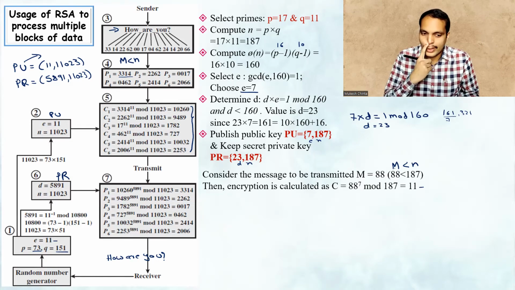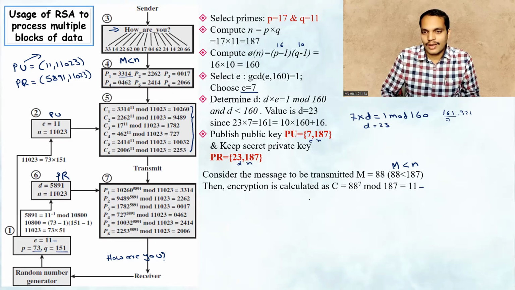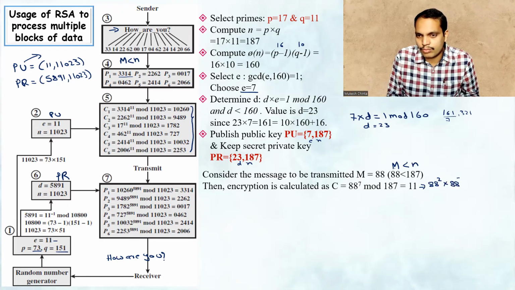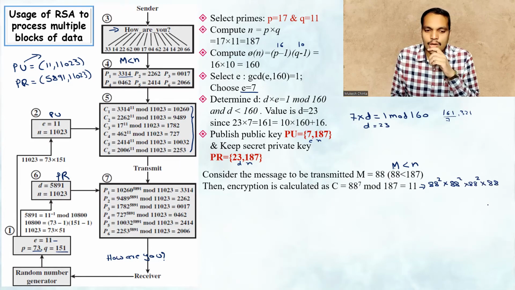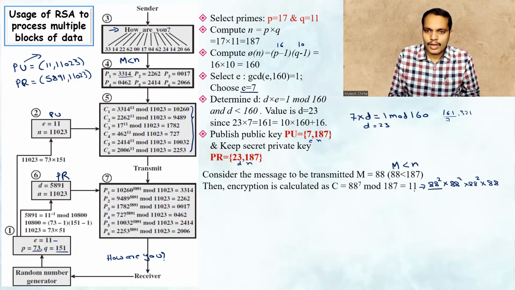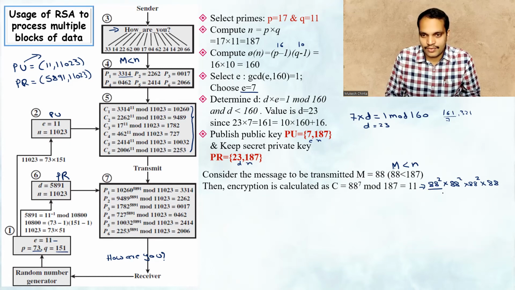Now, if you ask me, sir, how did you get that 11? Once again, as I told you, if I were you, I would break it into small pieces. What I will do is simply 88 square, because I try to put it into small numbers. First I will take the value of 88 square and then perform the mod 187 on that.